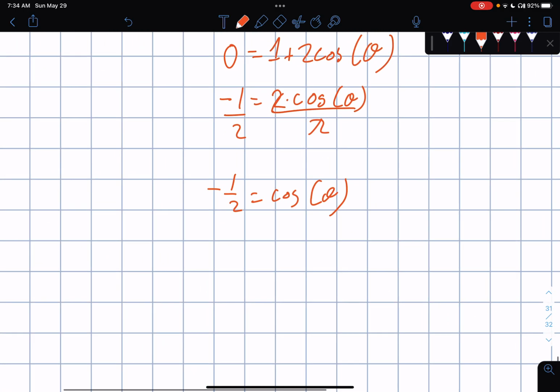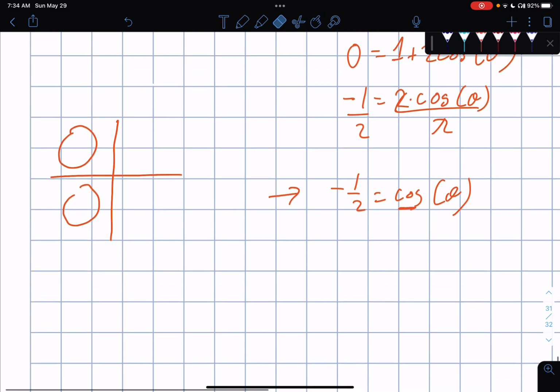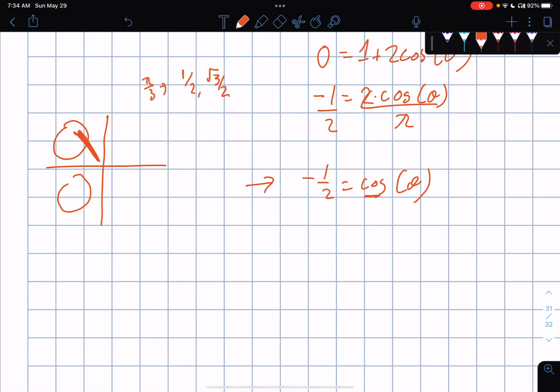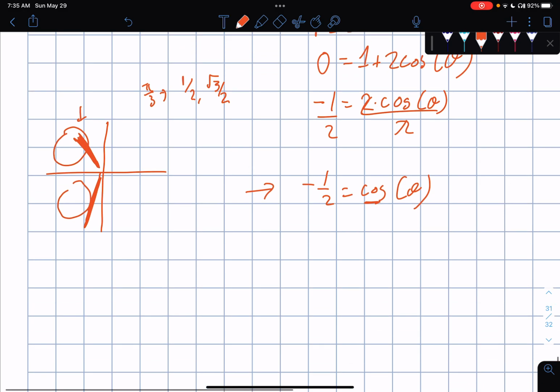Okay, so notice that this cosine value is negative, so let's draw the unit circle. The angle has to be here, since cosine is negative. We know that pi over 3 has the coordinates 1/2, square root of 3 over 2. So the angles that have a reference angle of pi over 3 are in the second quadrant and the third quadrant. The one in the second quadrant is 2 pi over 3. The one in the third quadrant is 4 pi over 3.